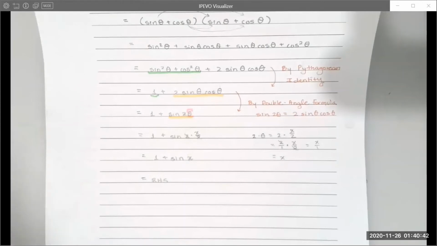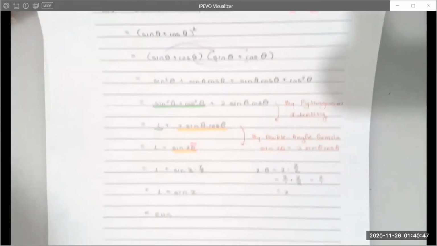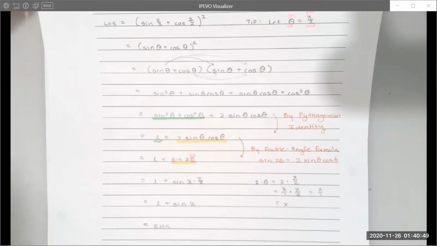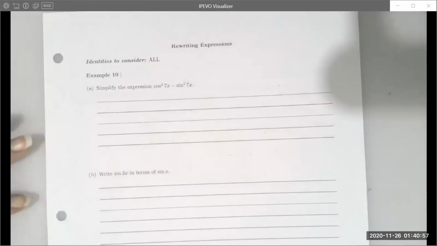Okay. Any other questions with that, with the process? Okay. So that's the last problem that we have for verifying identities.